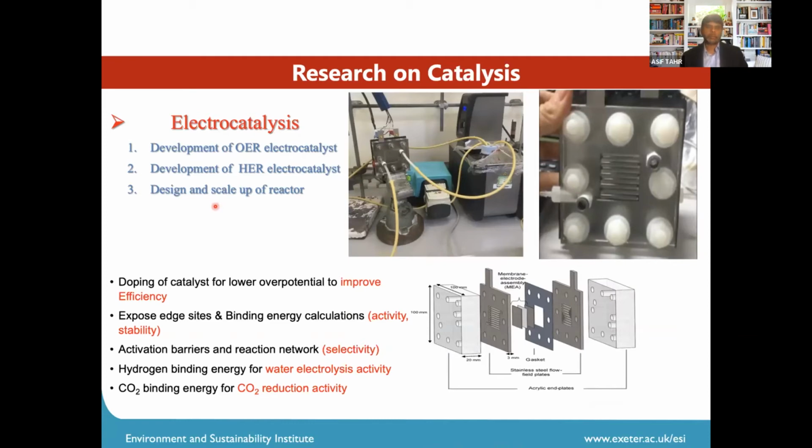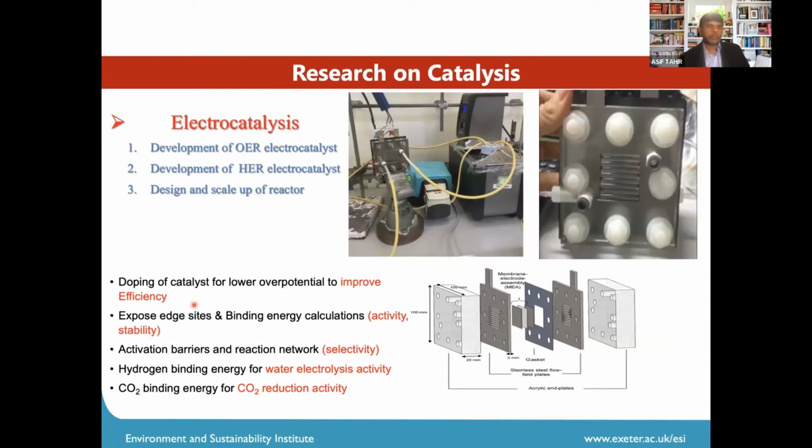And our work is more focused on the alkaline membrane compared to the existing proton membranes, because the alkaline membrane has much lower overpotential and will use much less electricity compared to the existing proton-based membranes.